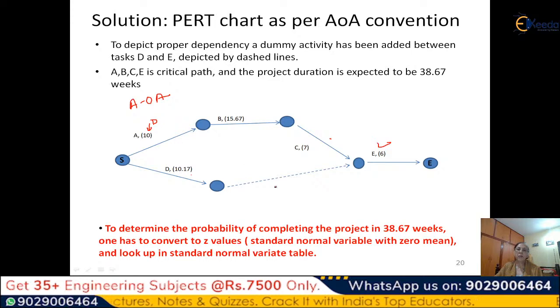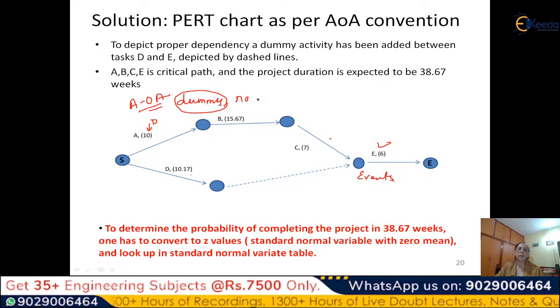So to denote this, we have put a dummy activity here so that we can create a new node here, a new event. This is the event which denotes the end of task C as well as task D. And from there, the task E will start. So normally in AOA, many times you will find that you will need a dummy activity. What is a dummy activity? You add some new activity which has no duration.